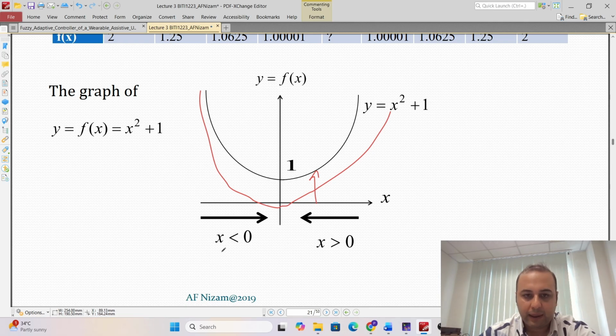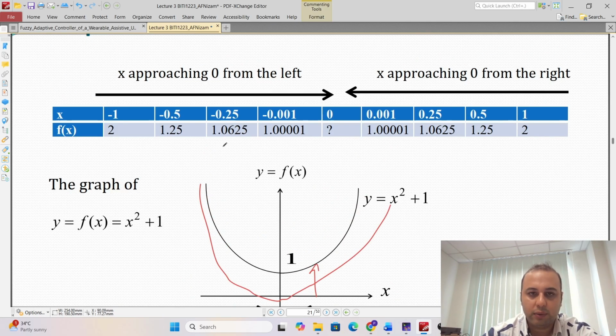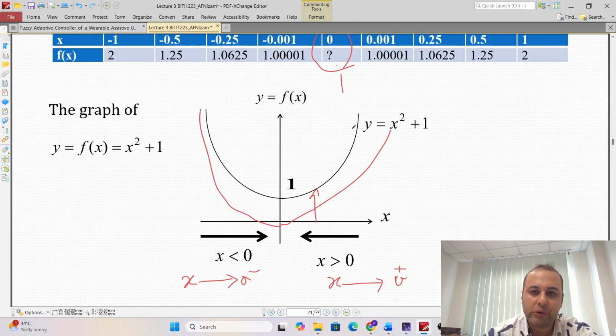x less than 0 means x approaches a minus, and x approaches a plus. So you can see in the table that it is approaching 1, right?